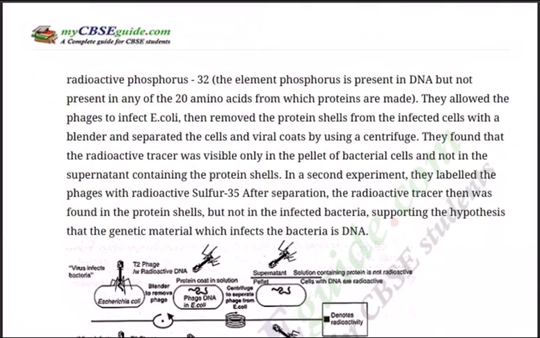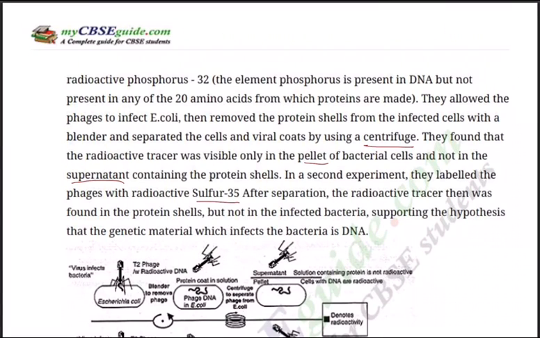They allowed the phages to infect E. coli, then removed the protein shells from the infected cells with a blender and separated the cells and viral coats by using a centrifuge. They found that radioactive tracer was visible only in the pellet of bacterial cells and not in the supernatant containing protein coats.